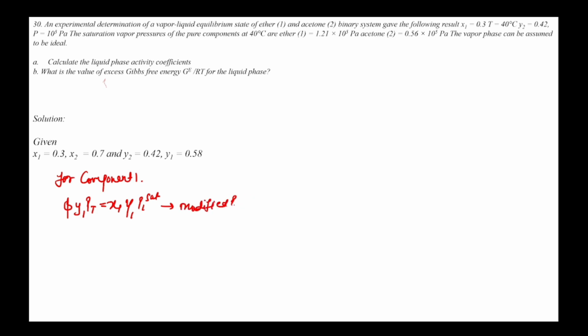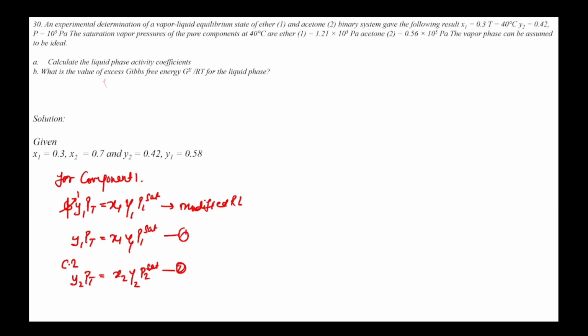Okay, Raoult's law. This vapor phase is ideal, so phi will become 1. Y1 P T is equal to x1 gamma 1 P1 sat. Similarly for component 2, y2 P T is equal to x2 gamma 2 P2 sat.